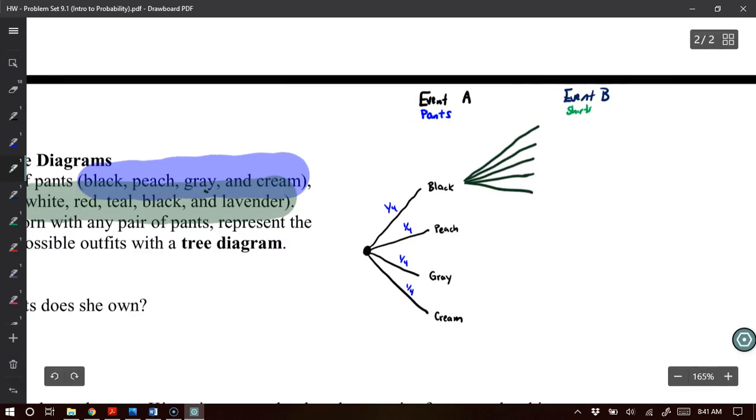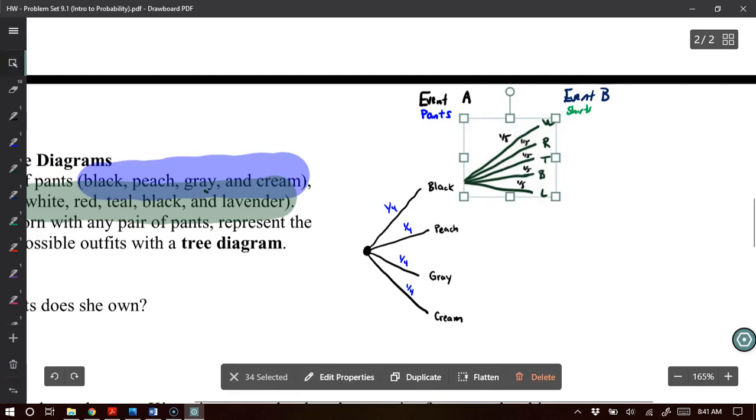I'm going to do W for white, R for red, T for teal, B for black, and L for lavender. Make it a little bit easier. And we have a 1 out of 5 chance. So I'm going to put a 1/5, a 1/5, a 1/5, a 1/5. Now that's pretty small writing, but we can still deal with it.